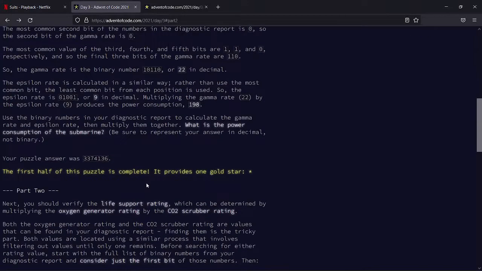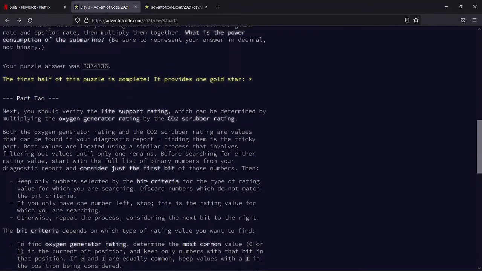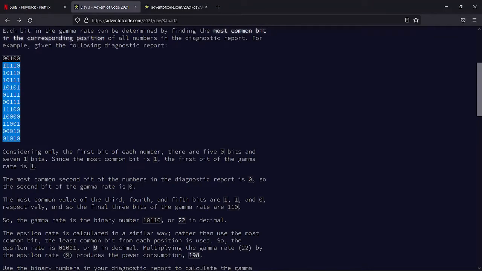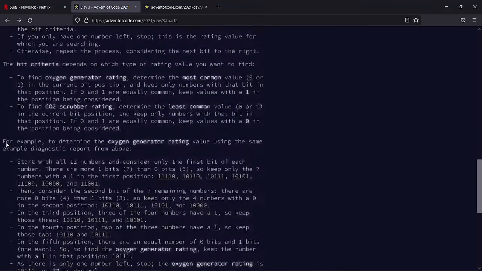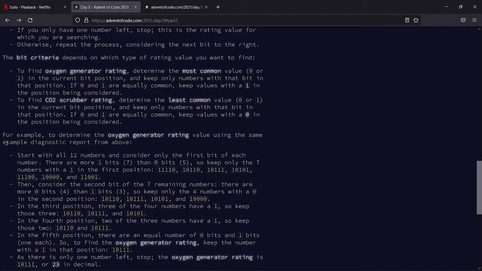So to find the oxygen generator rating, we will take 1. But to find the CO2 scrubber rating, we will take 0. So we will take the opposite in both cases. If you take a 1 in the oxygen generator rating, then for the CO2 scrubber rating, it would be exactly the opposite digit, since a binary string can only have ones and zeros.